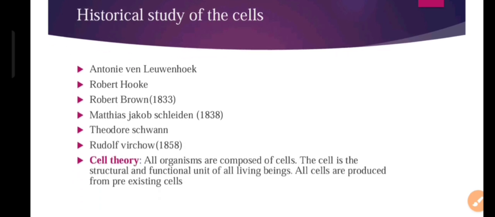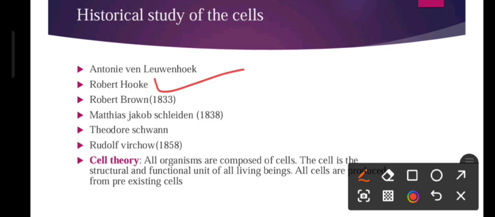Yes, coming to the historical study, who were involved in the study of the cell? First, we already studied Anton van Leeuwenhoek. He was the first to recognize the living unit of organisms. The second one is Robert Hooke. He is the first who coined the term cell, and he named that living unit a cell.